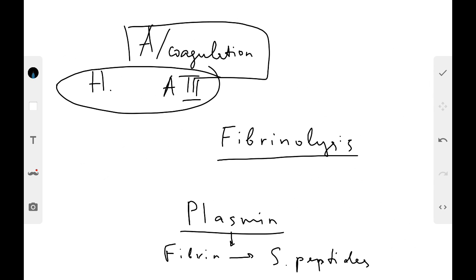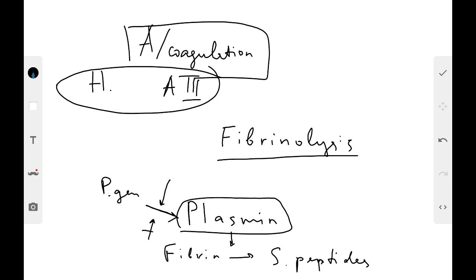So plasmin is produced from plasminogen, the progenitor of plasmin, and we may have several mechanisms that may block or stimulate this conversion.